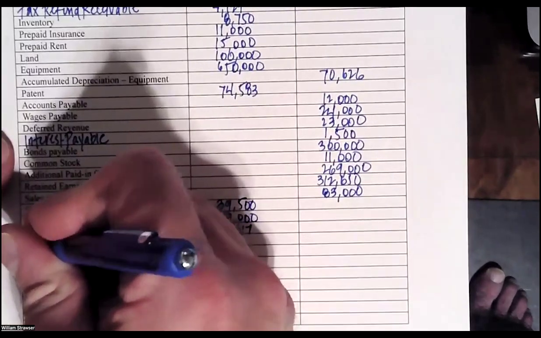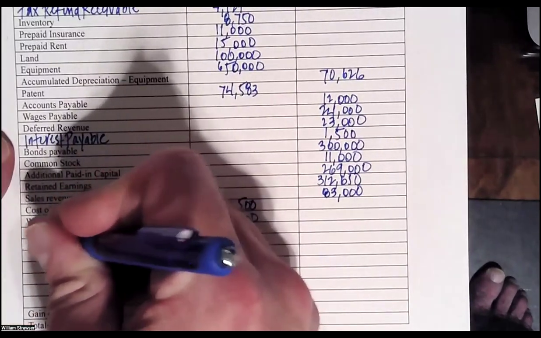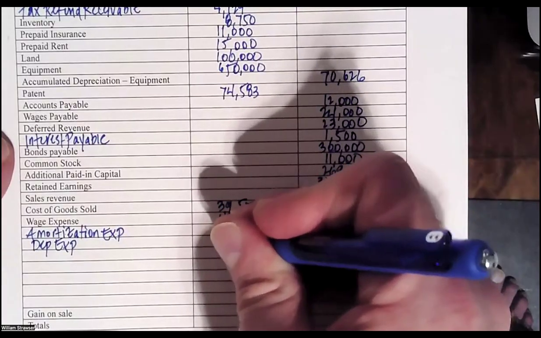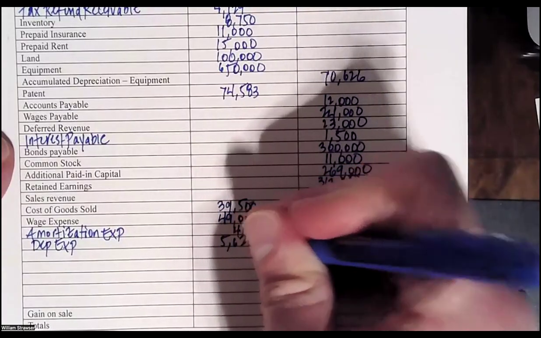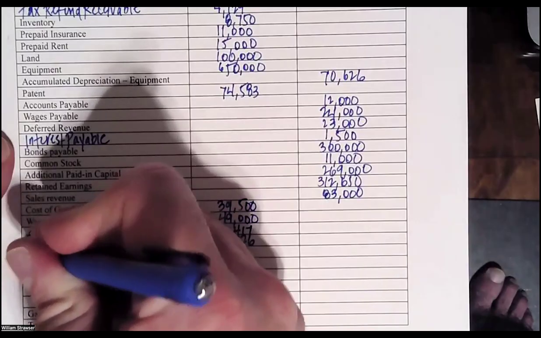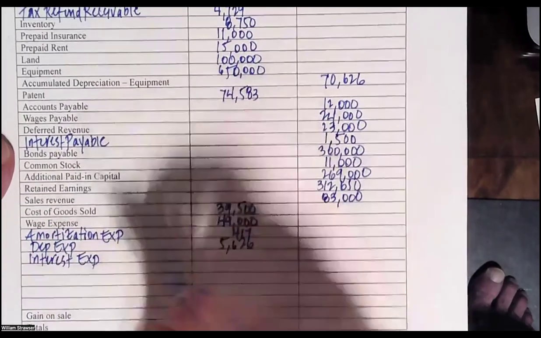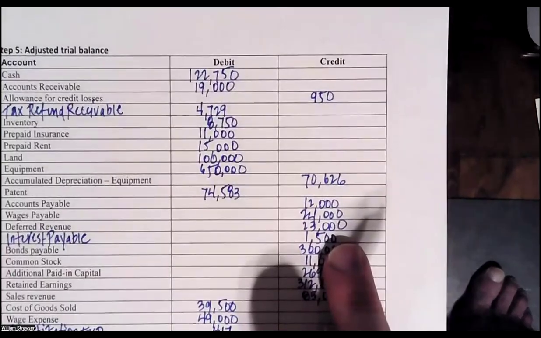Depreciation expense was 5,626. Interest expense was 1,500, the same as the interest payable.